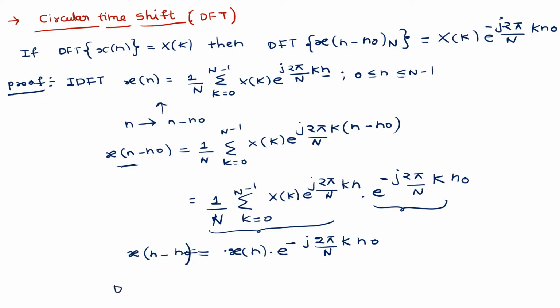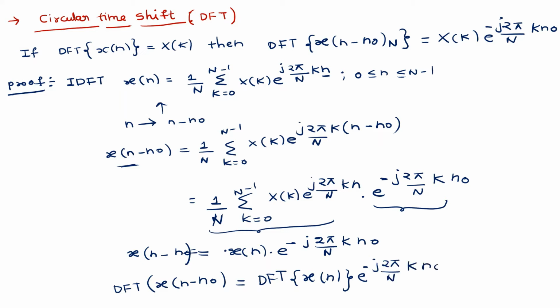Okay, applying DFT on both LHS and RHS, we get the DFT of x of n minus n naught is equal to the DFT of x of n e power minus j 2 pi by N k n naught. Okay, I am writing it here.